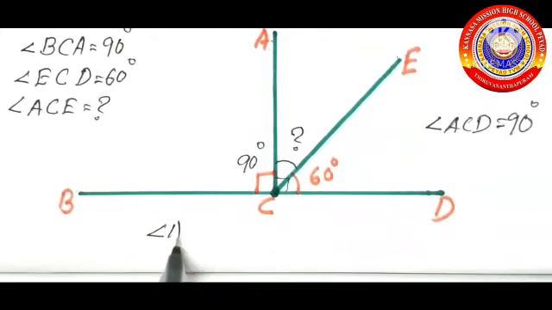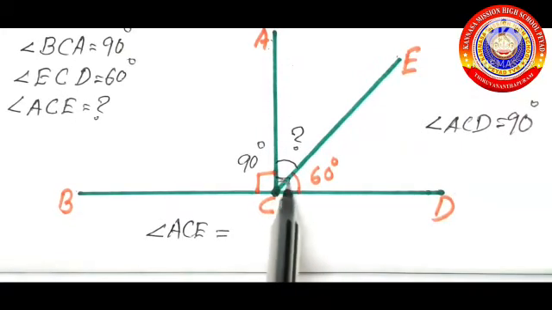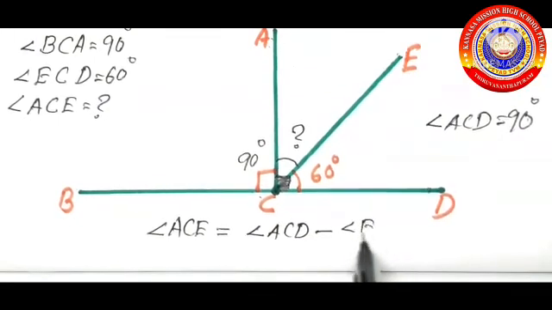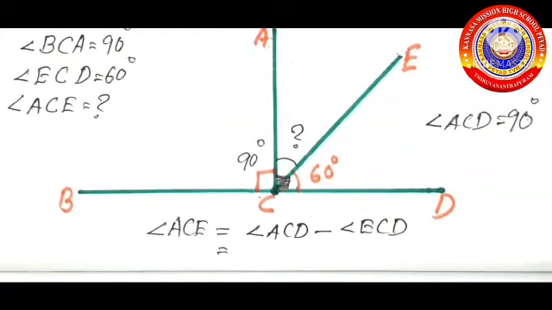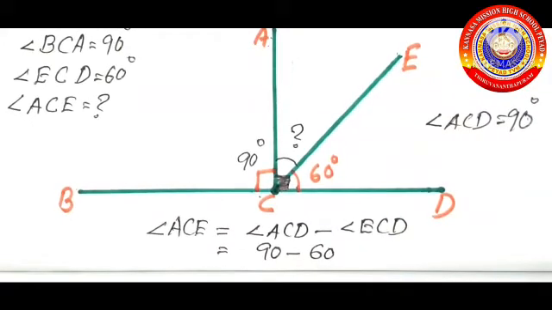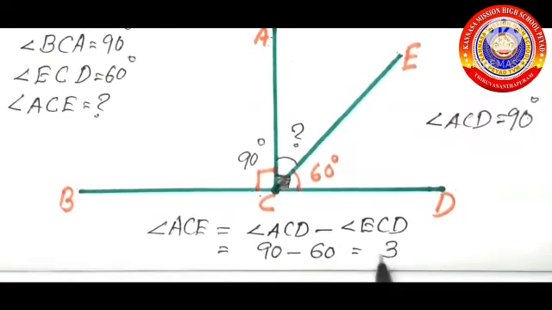That is, angle ACE is equal to angle ACD minus angle ECD, which is 90 degrees minus 60 degrees, which is equal to 30 degrees. So, angle ACE is equal to 30 degrees.